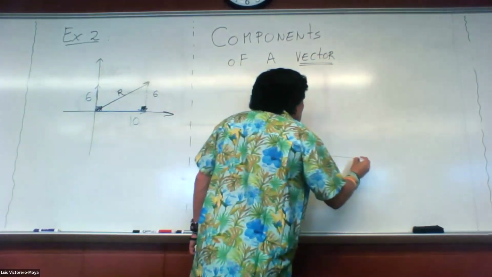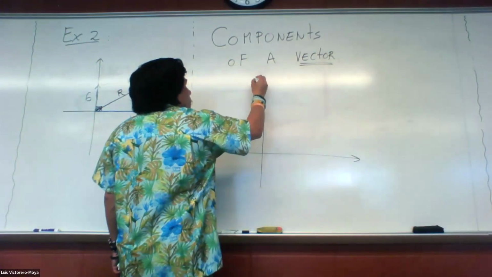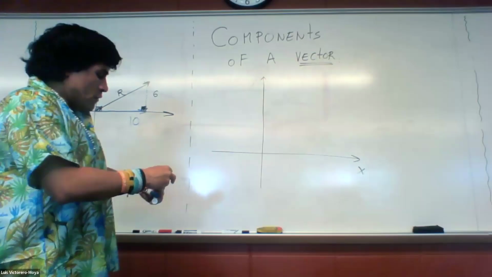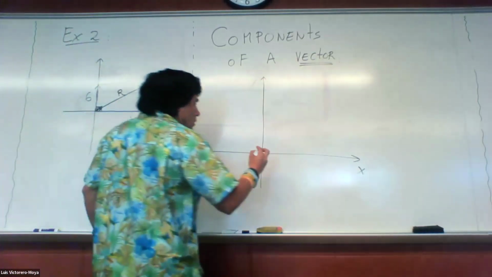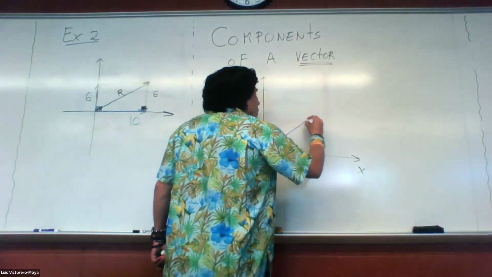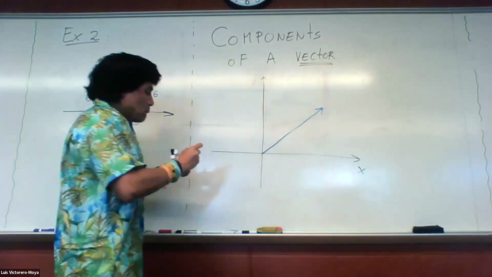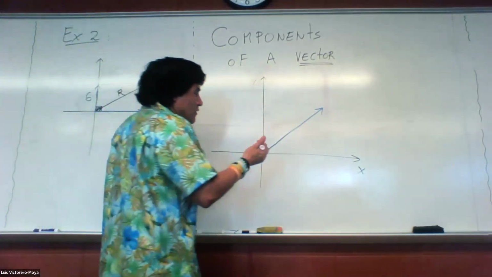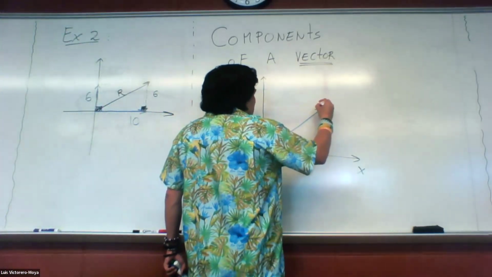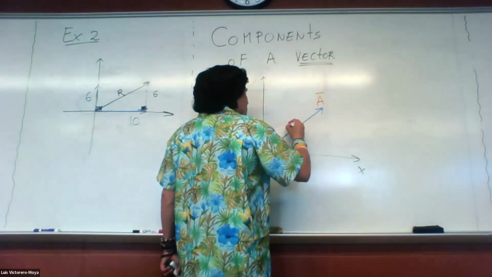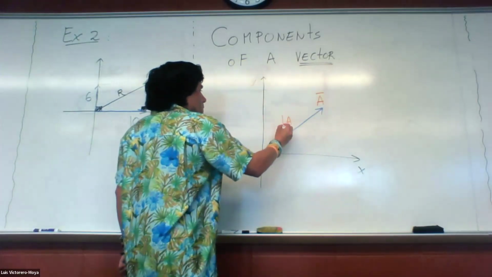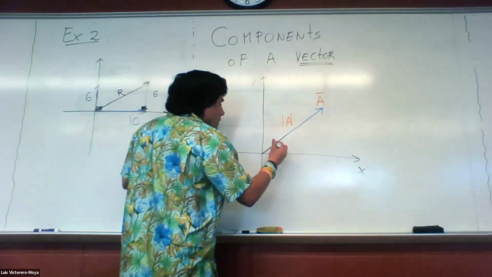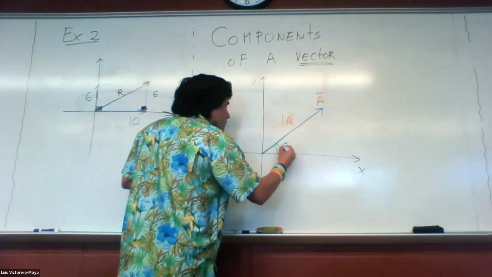Always you draw this, y, x, and let's draw a vector like that. So it's like the segment I showed you in the slides. Let's say this is, again, A, magnitude A, and the angle theta.